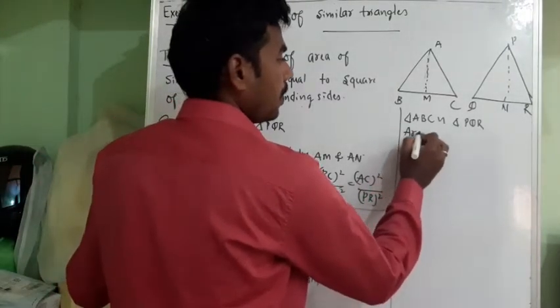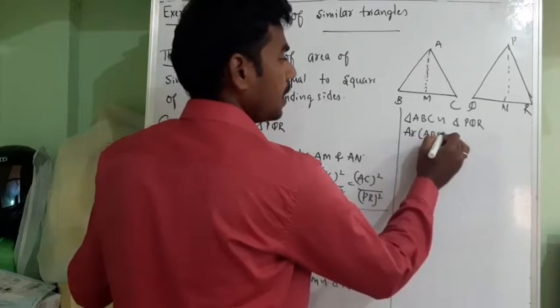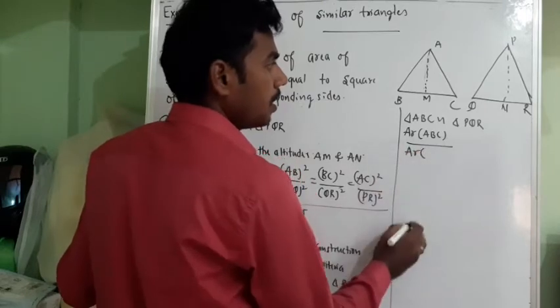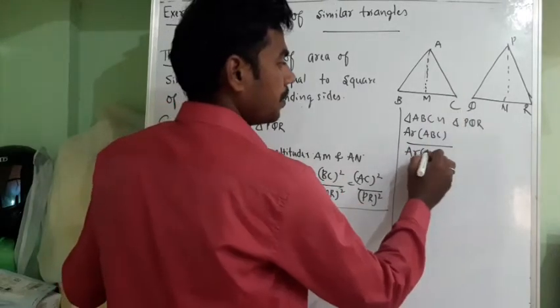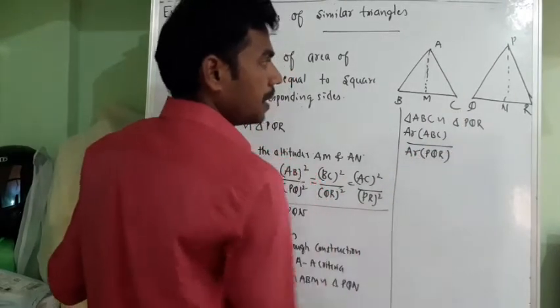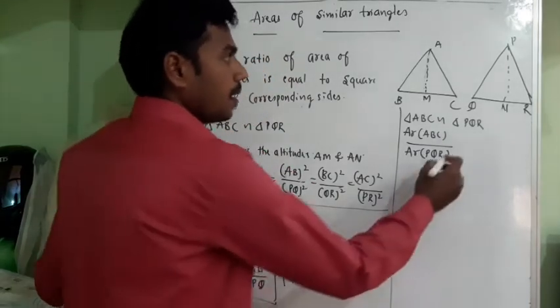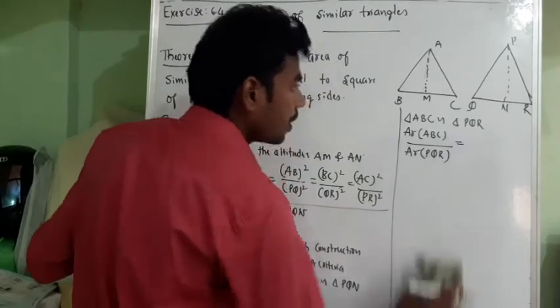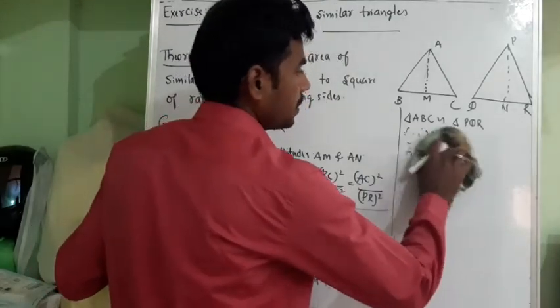Then area of triangle ABC divided by area of triangle PQR is equal to... sorry, we need to prove, no? Still we didn't prove.